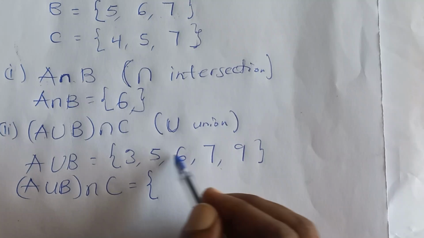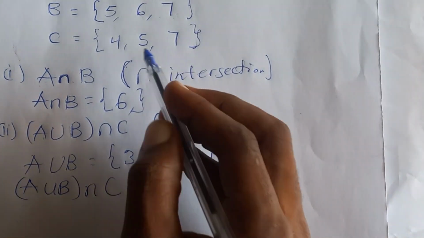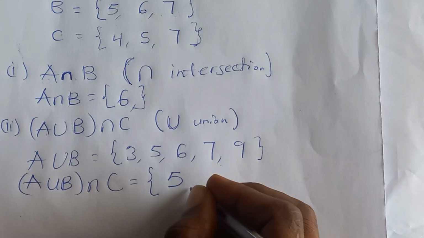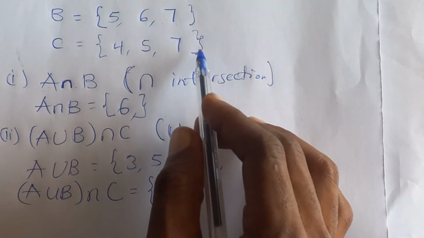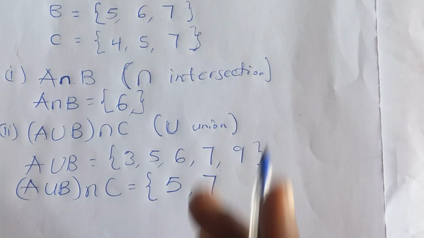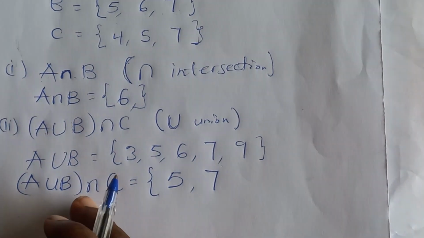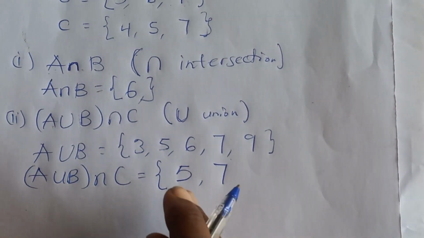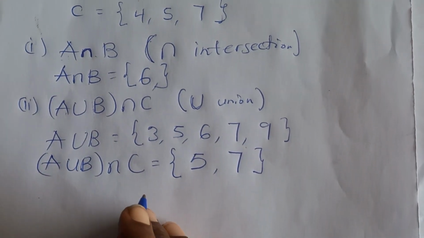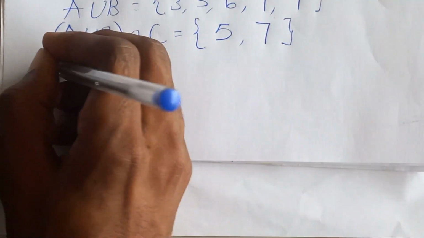There's no 4 in A union B. 5 in C. Okay, there's 5 in A union B. So 5. We have 7. Okay, there's 7 in A union B. Is that all? Yes. So A union B intersection C is 5, 7. Good.